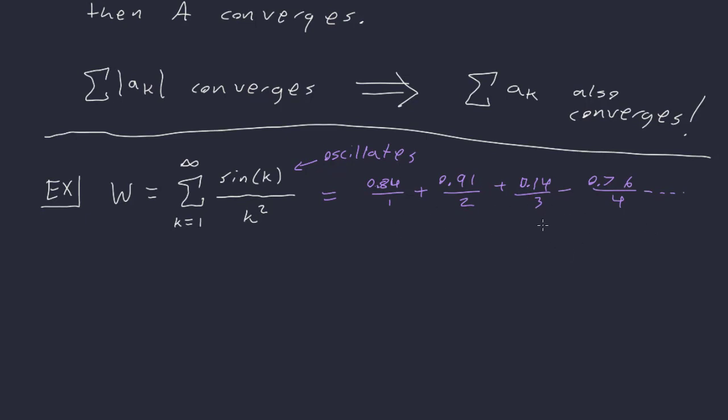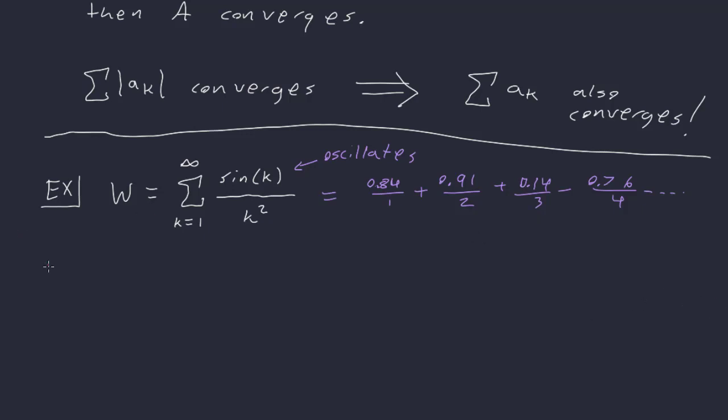Because of that, we can't use a lot of our tests. Remember, a lot of our tests say that all the terms of the sequence have to be positive and decreasing, but all of them tend to require that they be positive. So here's what we can do.